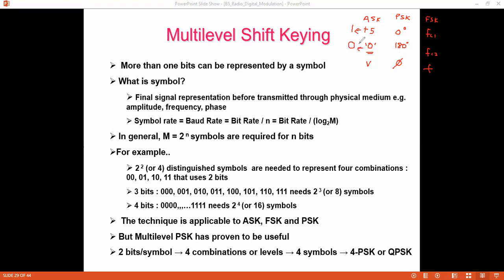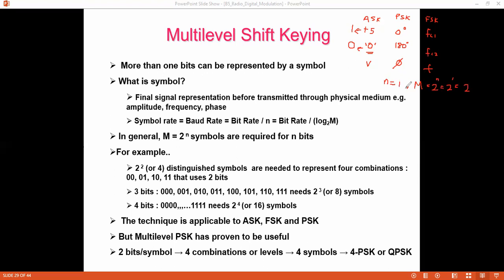Okay, so here the number of symbols, since we use only 1 bit, n is equal to 1. So m, the number of symbols, is equal to 2 to the power of n. So here it is 2 to the power of 1, meaning 2.